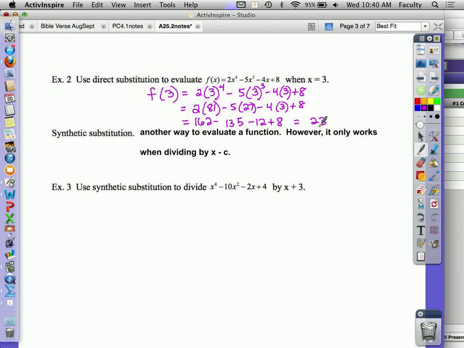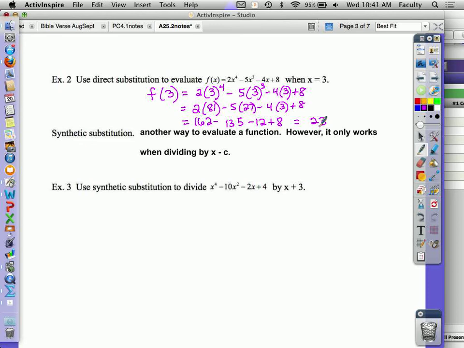Now, something that I know that you guys have struggled with this year is sometimes wondering, what am I being asked to do? You're struggling with understanding the directions. So direct substitution means you just plug in that x is 3 everywhere. And so then the second thing you're going to be asked to do in this section is something called synthetic substitution.